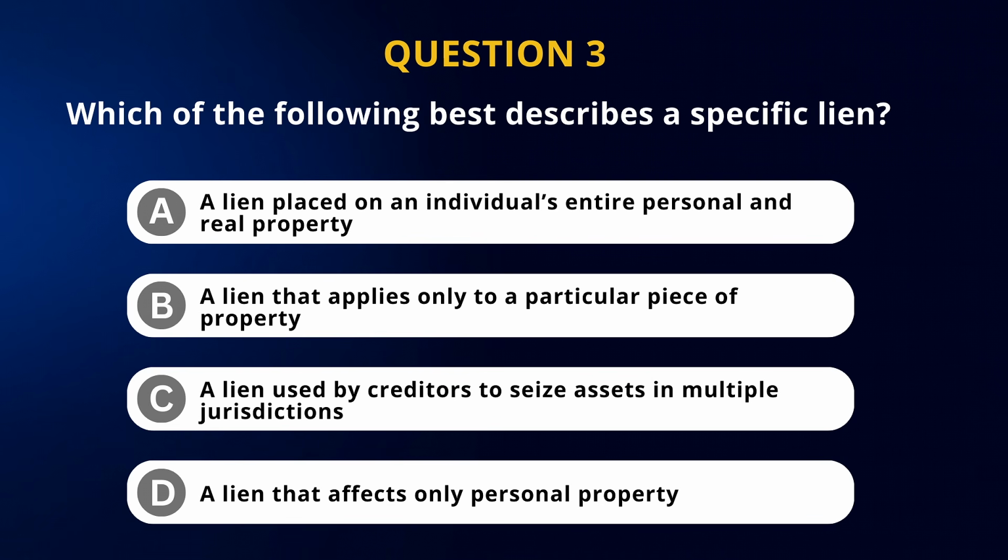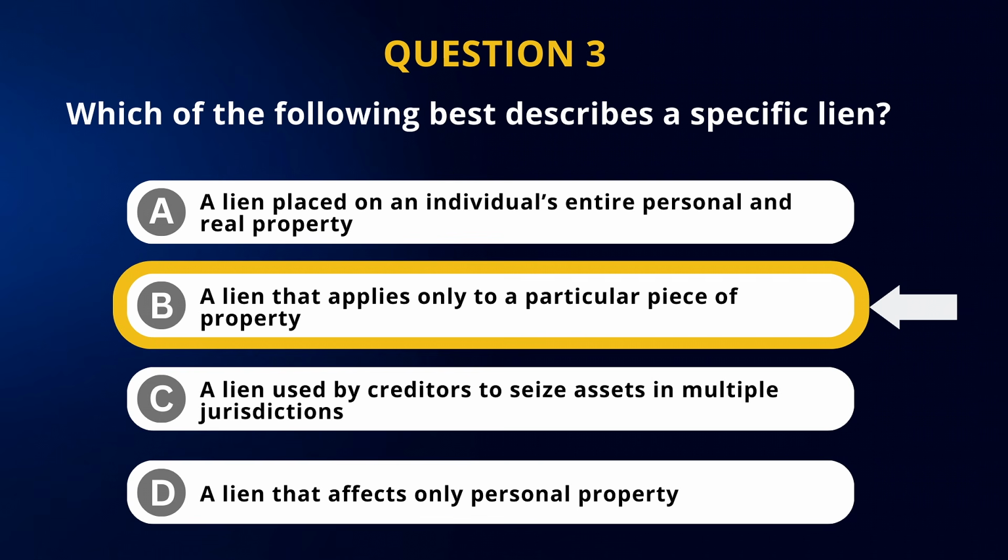Letter D, a lien that affects only personal property. And the answer? Letter B, a lien that applies only to a particular piece of property. You definitely want to learn a little bit about general liens and specific liens, voluntary liens and involuntary liens, equitable liens and statutory liens.